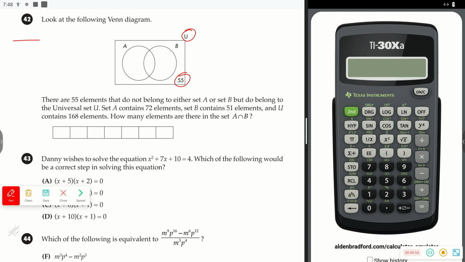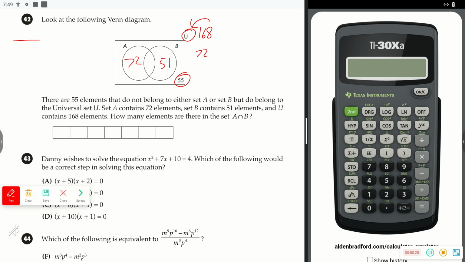And it says set A contains 72, set B contains 51, and U contains 168 elements. And it said, how many elements are there in set A and set B? So let's just add up what we have here.